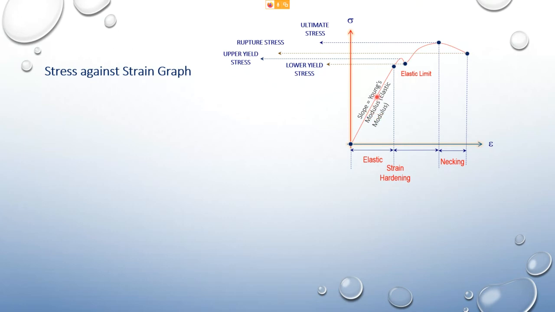So this E value will remain the same, whether 200, 210 or 220, even though you have a force of 10 kilonewton, 20 kilonewton, 30 kilonewton or 40 kilonewton, or a stress of, let's say, 10 megapascal or 20 megapascal or 30 megapascal. It won't change with respect to any stress value or any deformation that occurs within these 2 points.